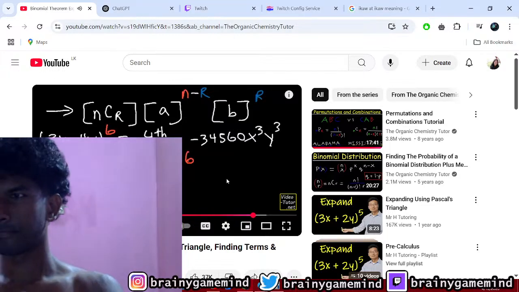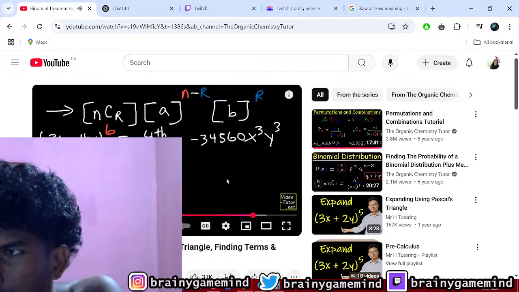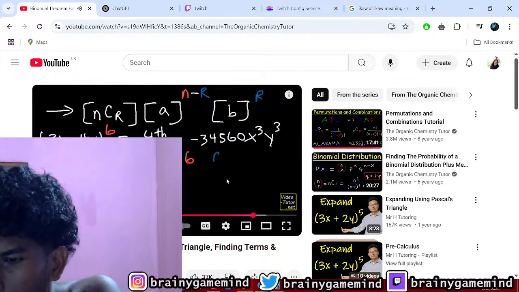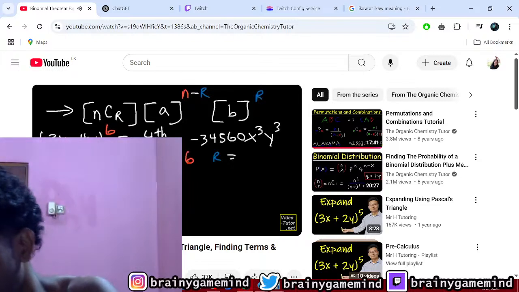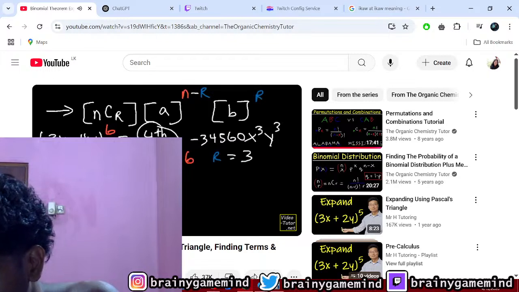What about R? Well, R is 3. If you're looking for the fourth term, R is going to be 1 less than the fourth term, so R is 3. So with that, we could find the term and its coefficient.